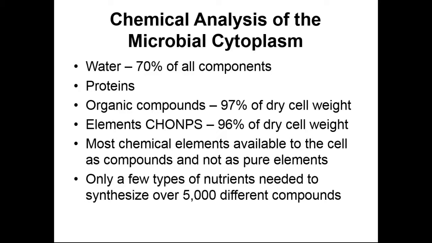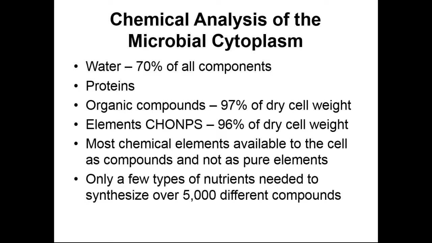Most of these elements that are in the cell are not going to be picked up by the cell as individual pure elemental substances. The cell doesn't go around and go, ooh, here's a pile of carbon, I need to eat a couple carbon atoms. Ooh, here's a pile of sulfur, I need to eat a couple sulfur atoms. Instead, the cell is going to eat molecular compounds, or more complicated molecules that contain a combination of these individual elemental compounds.